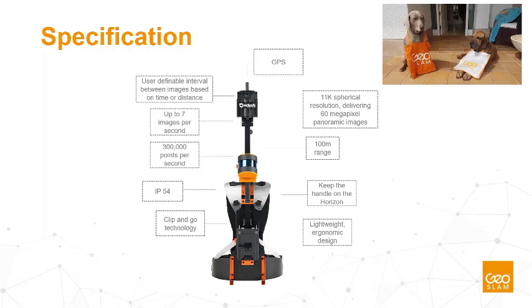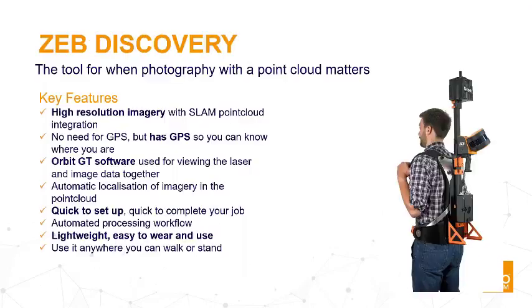So this is for localization of your project on the Google Street map, for example. So the ZEP Discovery is a combination of high resolution imagery with SLAM point cloud, no need of GPS. It's just that the GPS helps you to know where you are.